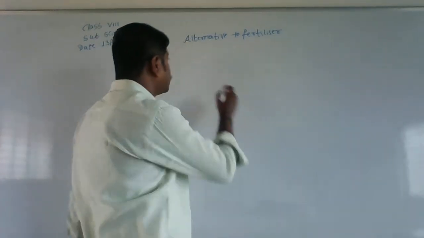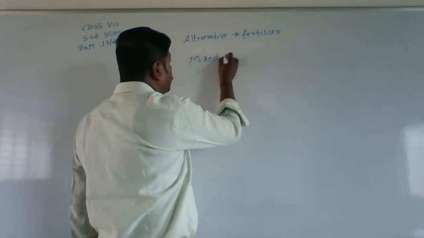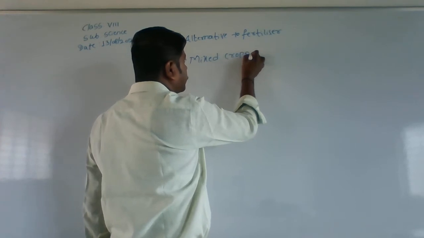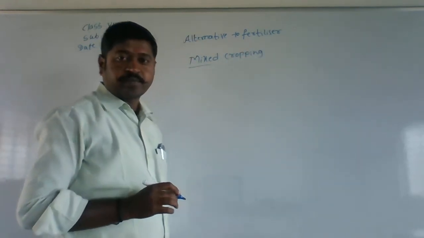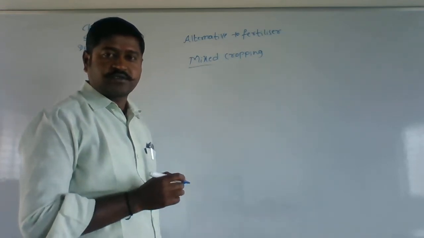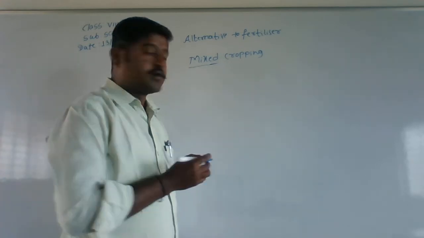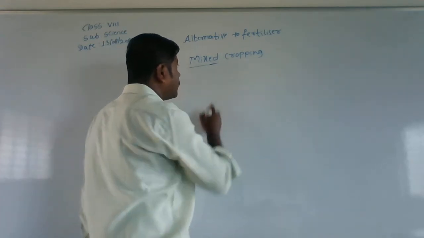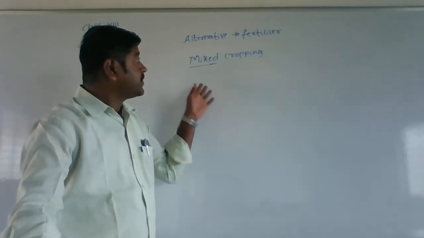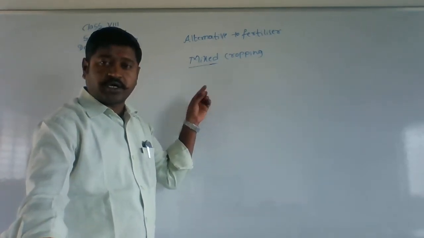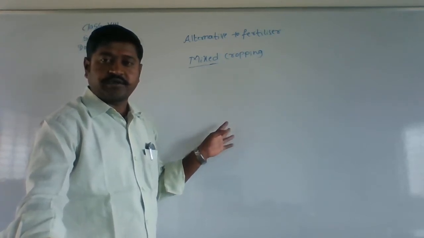Next we have mixed cropping. The word itself states that the crops are mixed. Different types of crops are grown. What is the use of this mixed cropping? Here, two or more crops are grown together in the same field. Why is it done?